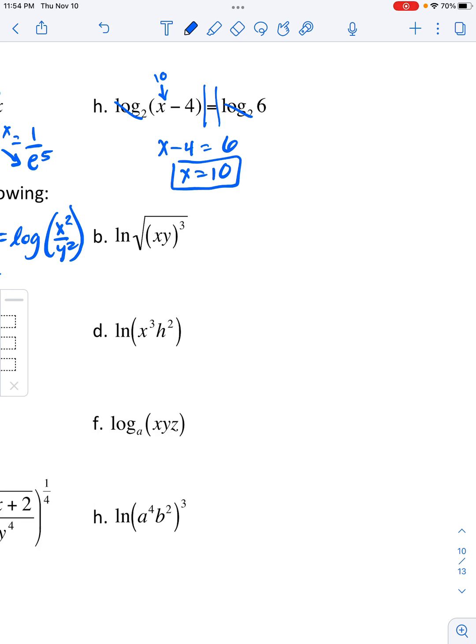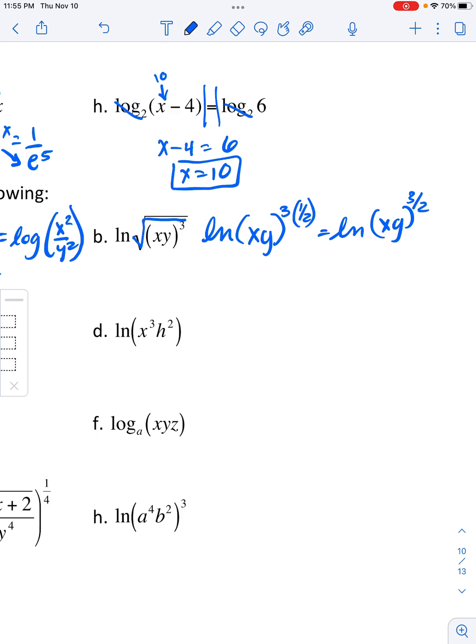This square root is going to be a 1/2 power. So I guess one way you can think of that is to say that would be x, y to the 3, but then also times to the 1/2 power, because 1/2 power is the same as square root. So it becomes the natural log of x, y to the 3/2 power when you multiply the two powers.